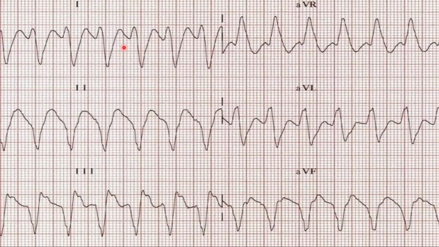In this case, the QRS is negative in lead 1 and also negative in lead aVF, meaning that the axis lies between minus 90 and 180, which is an extreme right axis deviation.